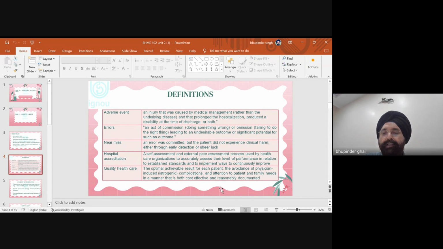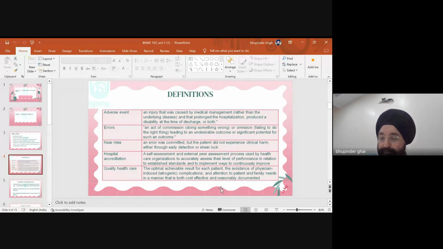In quality health care, you give the proper health care to the patient as per the procedure or as per the standard, and also you should take care of the family need of the patient.